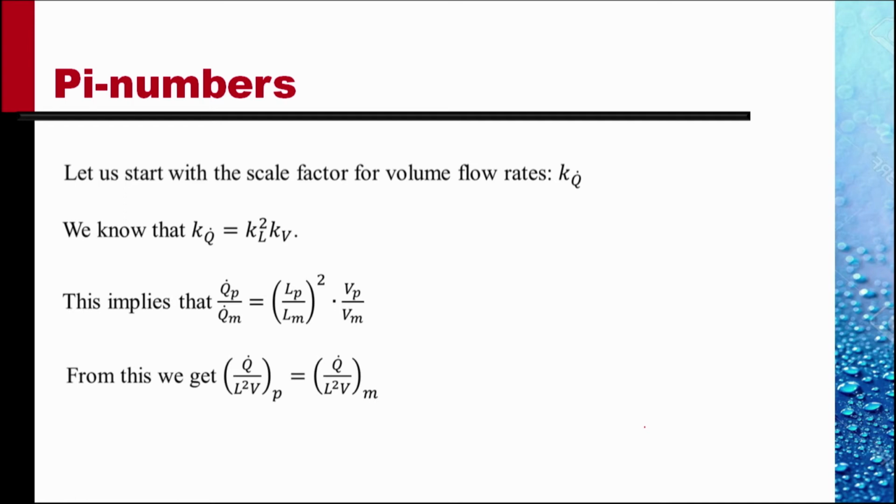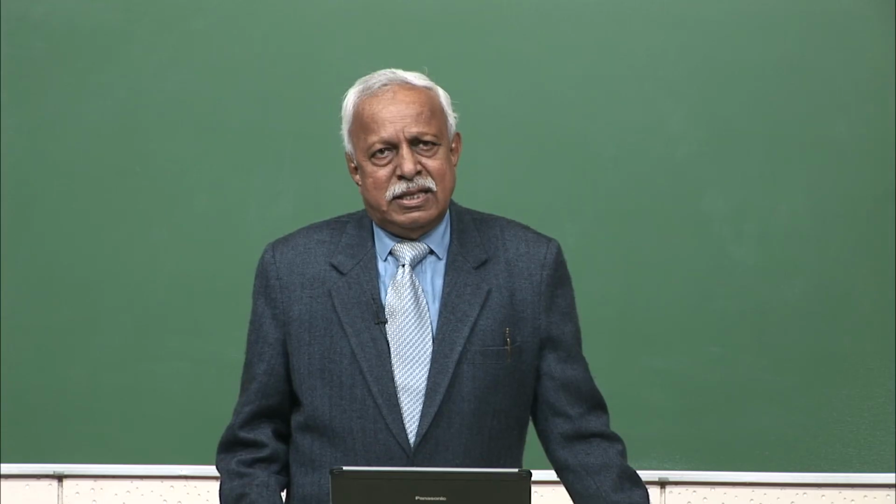Here, these quantities are assumed to be characteristic quantity. L for the prototype and L for the model measure the same corresponding lengths. If in an aircraft wing we are talking of chord in one case, it has to be chord in the other case.